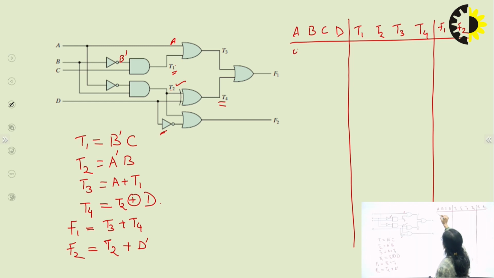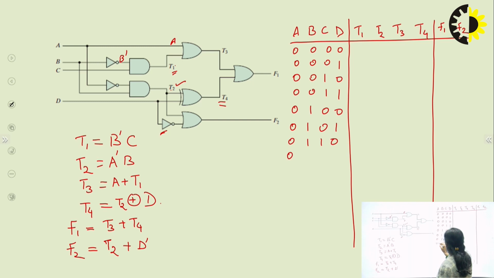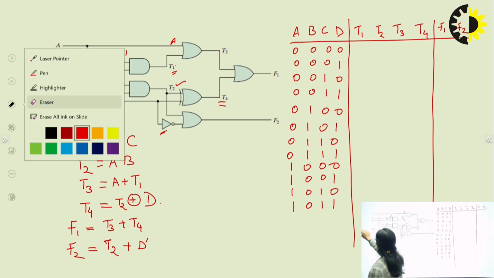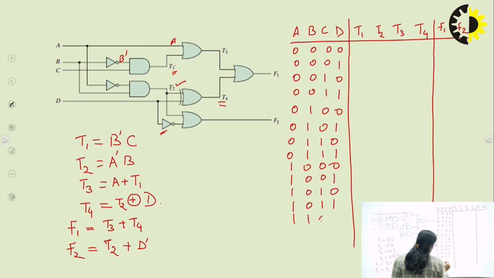Here we will have 16 combinations from 0, 0, 0, 0 to four 1s, numbered 9, 10, 11, 12, 13, 14 and the last one is 15.